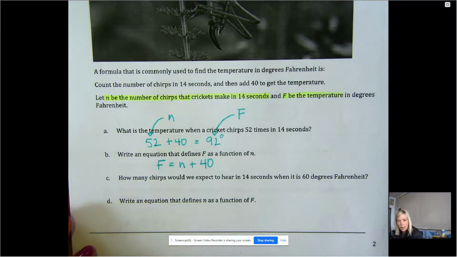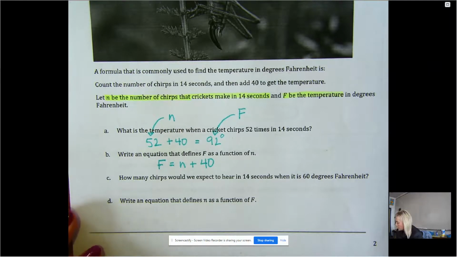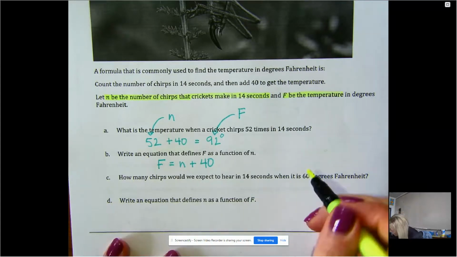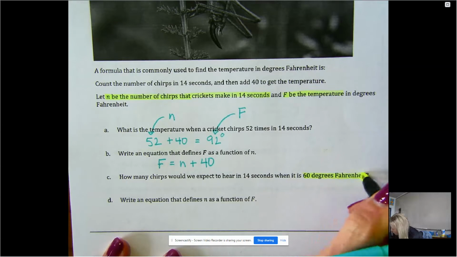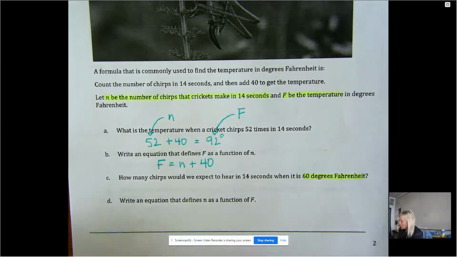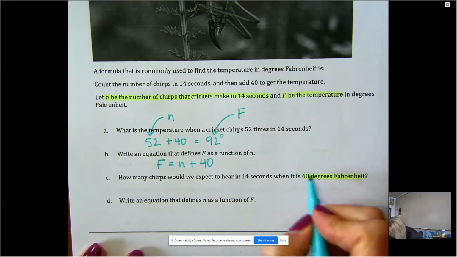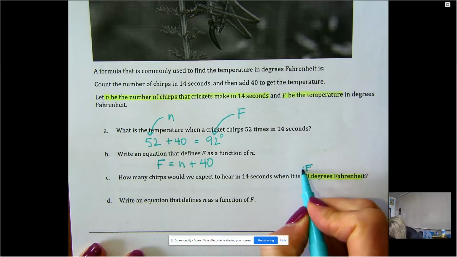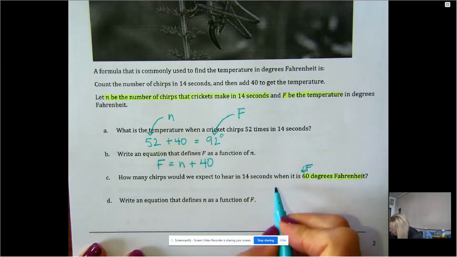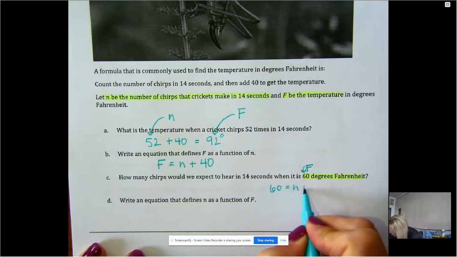Okay, part C, how many chirps would we expect to hear in 14 seconds when it is 60 degrees Fahrenheit? This 60 degrees Fahrenheit, that is F, that is the temperature. Okay, so this I'm going to put in the place of F. So 60 equals N plus 40.